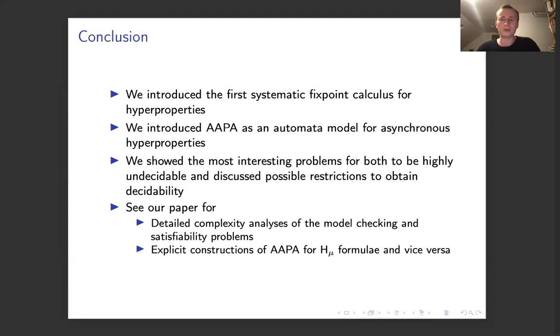So whether we can indeed find such a set at all. And we also tackled that problem, and we also found very precise results for that problem. And finally, the correspondence theorem is described and proven very explicitly in our paper, and you will find effective constructions of the translations of formulae into automata and vice versa.